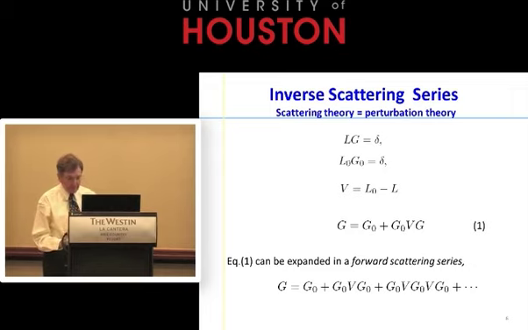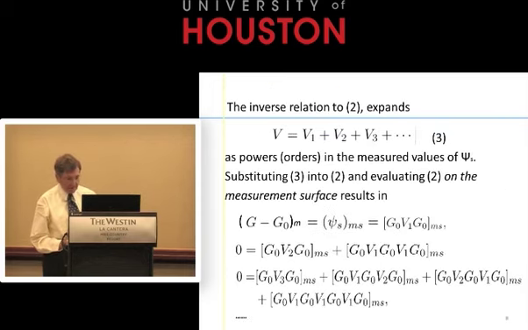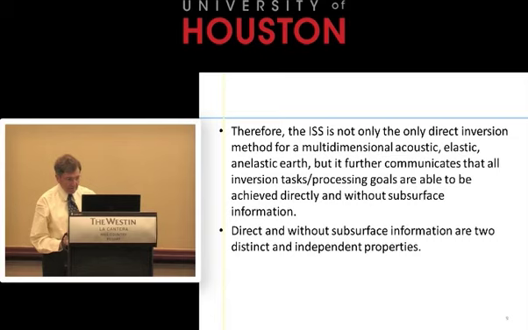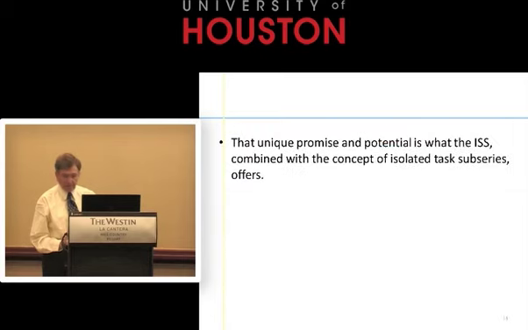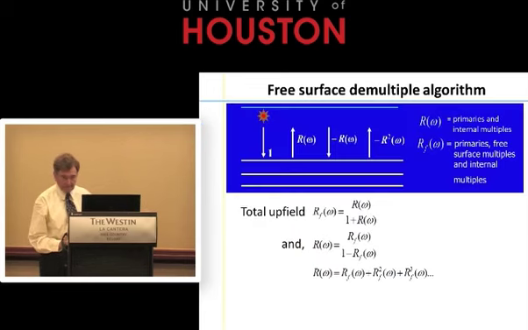You come up with a direct inverse procedure, this set of equations, and you get a simple example of it being this machine on the bottom for free surface multiple, and you have a series which eliminates every free surface multiple or requires the wavelet.